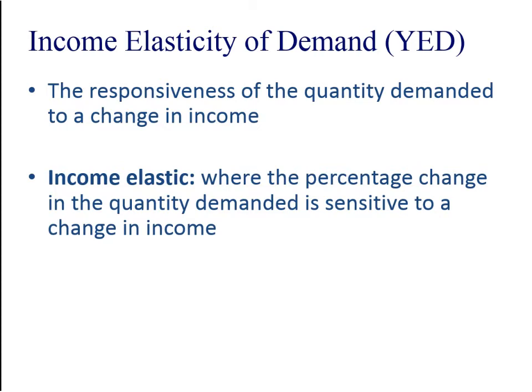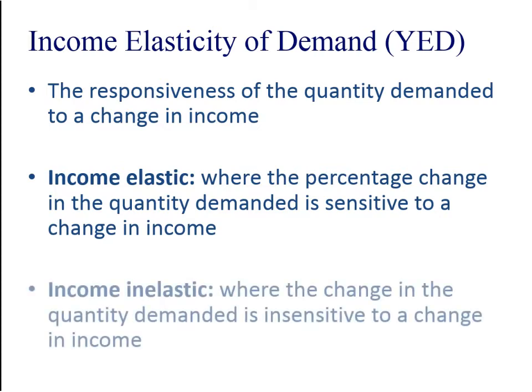So that means that, say if you have a 10% change in income, you're going to have a greater percentage change in the quantity demanded, so 15% change or 20% change. And the other result that you might get is that it is income inelastic. So the change in the quantity demanded is insensitive to a change in income. So your 10% change in income produces a smaller percentage change in quantity demanded, so 8% or 7%.